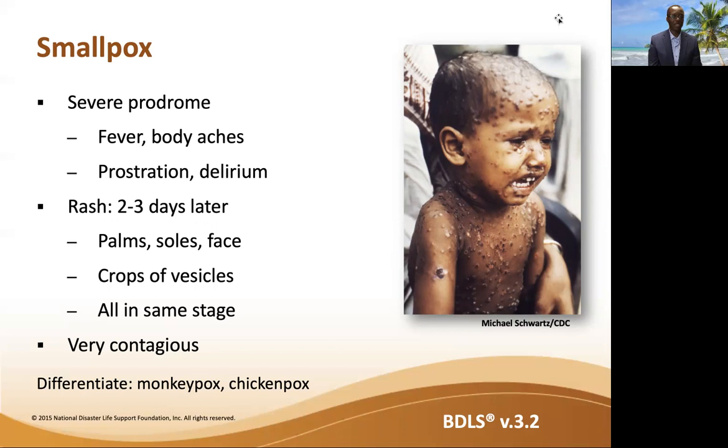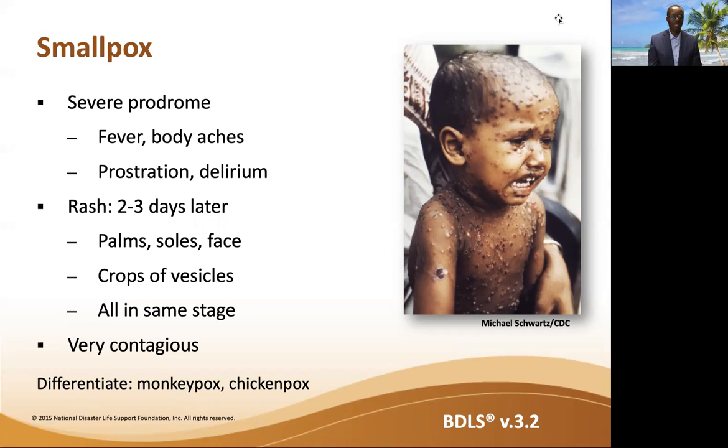Smallpox is characterized by severe symptoms that occur before the development of a rash. These symptoms include a high fever, generalized severe muscle aches, prostration, that is total exhaustion or inability to function, and delirium. About 2 to 3 days after symptoms begin, a rash begins to develop.